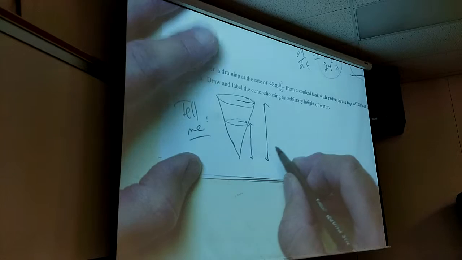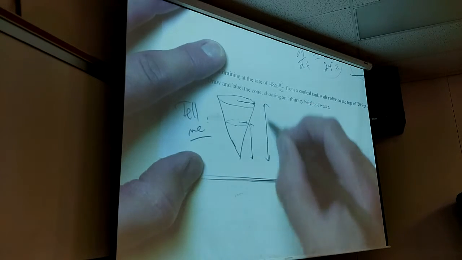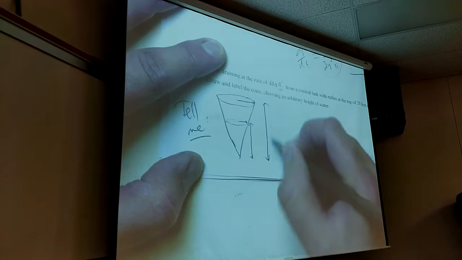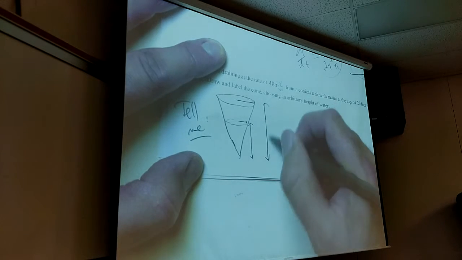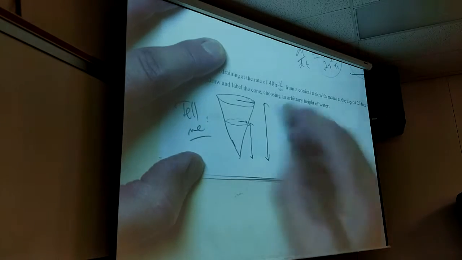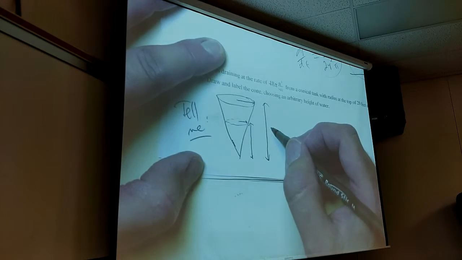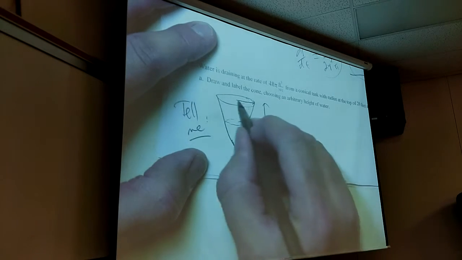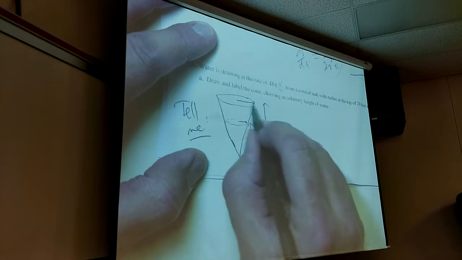Okay, so what's this here? This right here. 60 feet. That's constant, right? We're assuming that nobody's chopping parts of my little tank off. 60-foot tall tank, and of course, what's this? 20.